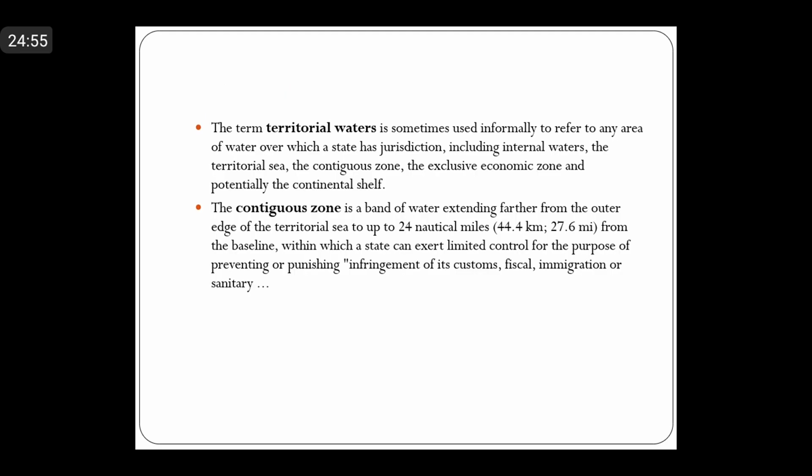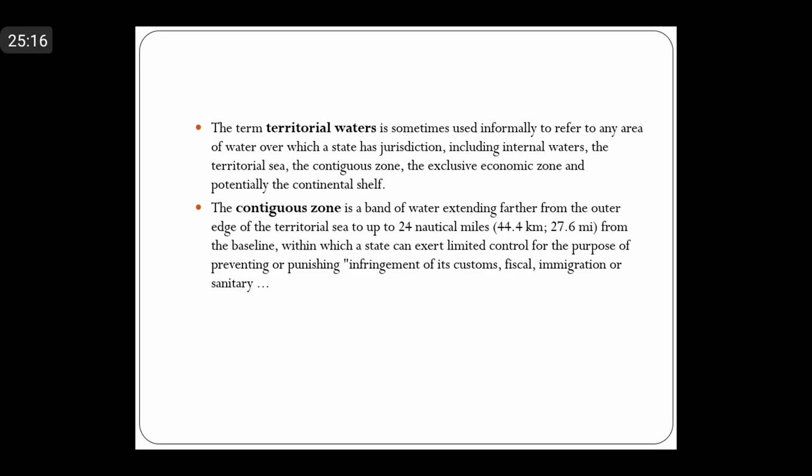Okay, but you should know about the territorial waters and the contiguous zone. The term territorial waters is sometimes used informally to refer to any area of water over which a state has jurisdiction.